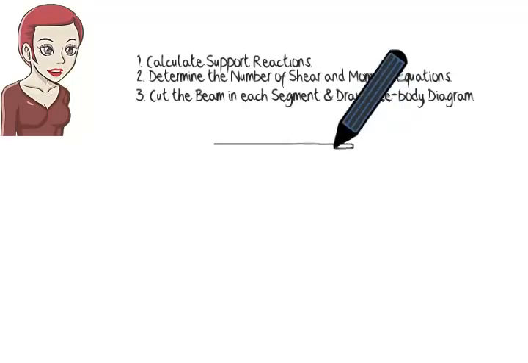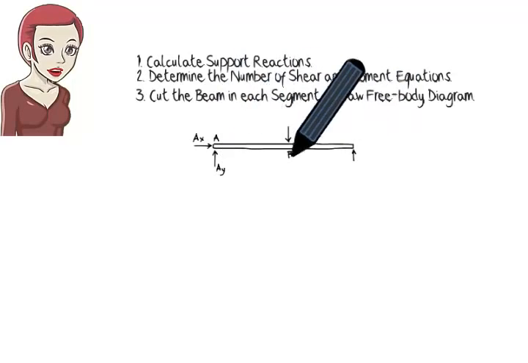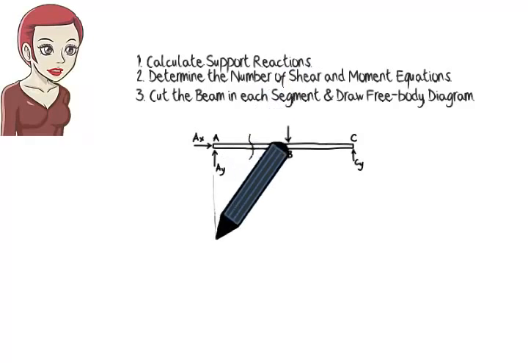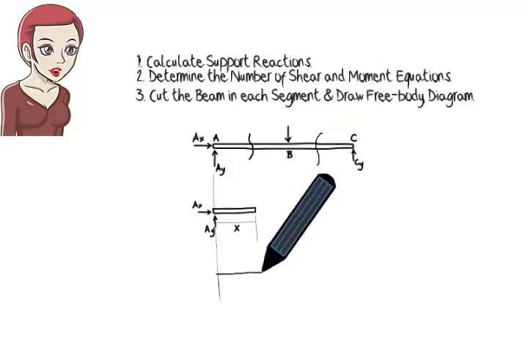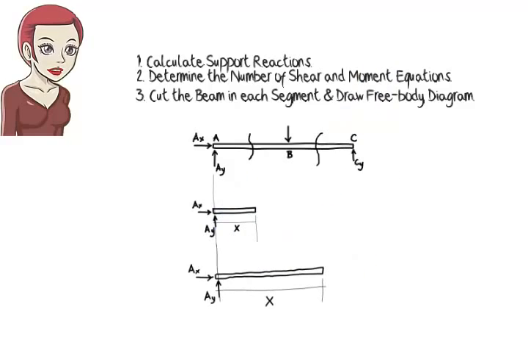For example, if this is our beam, we are going to cut it twice, once in segment AB and once in segment BC. Note that the distance from the left end of the beam to the cut point is labelled X in both cases. Then we draw the free body diagram for each segment.